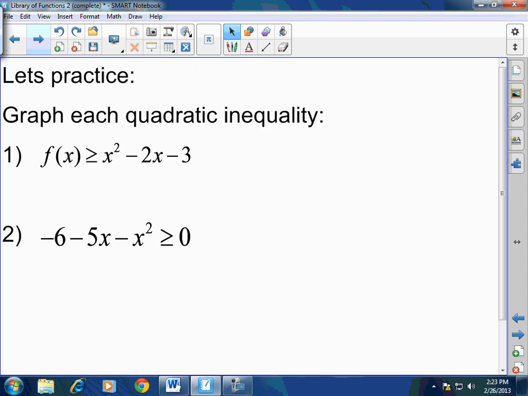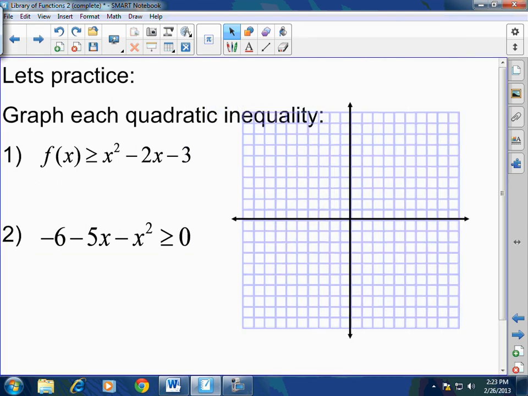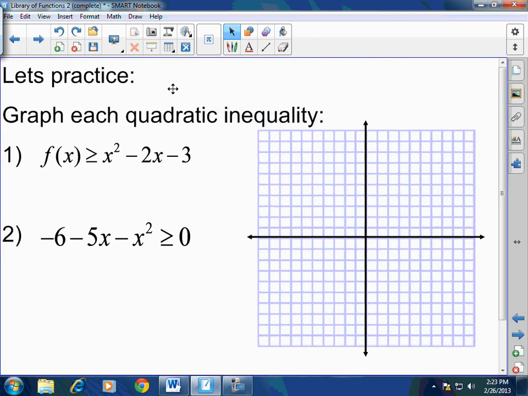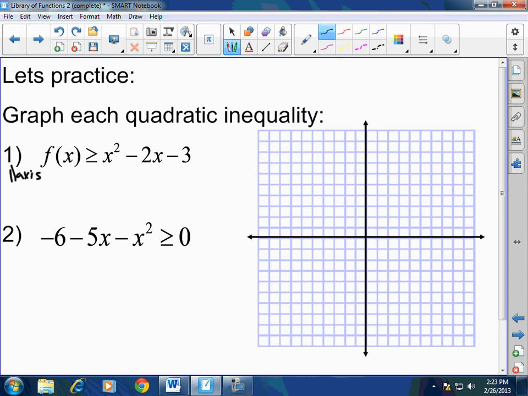For example, let's go ahead and graph what I got here. Number 1. Sometimes they'll give it to you in vertex form, sometimes they won't, guys. So you have to know your procedures. Number 1, let's find our axis. Our axis is negative b over 2a, so x equals 1 is my axis.